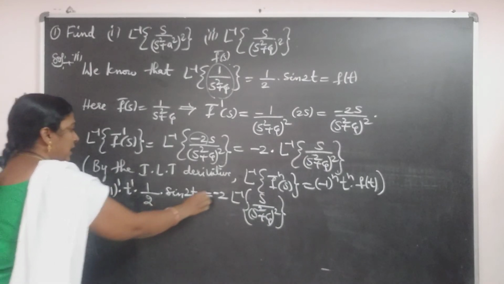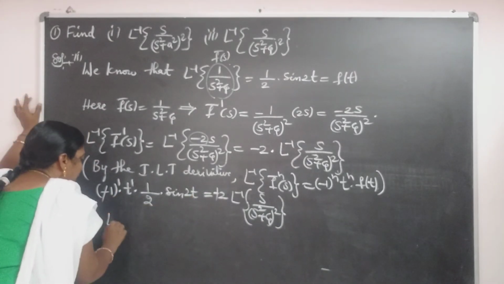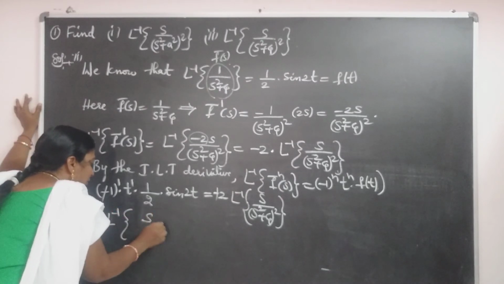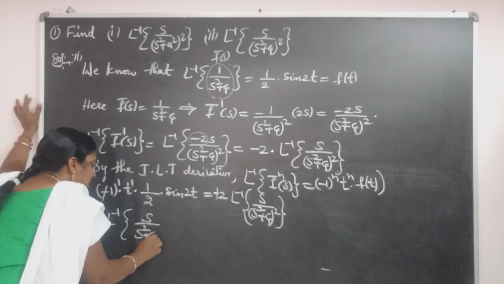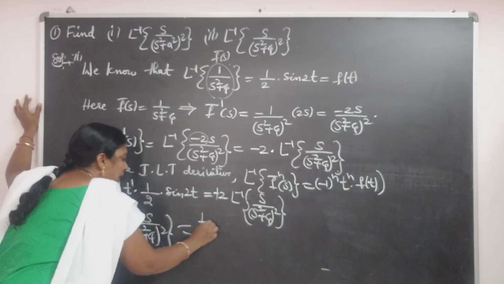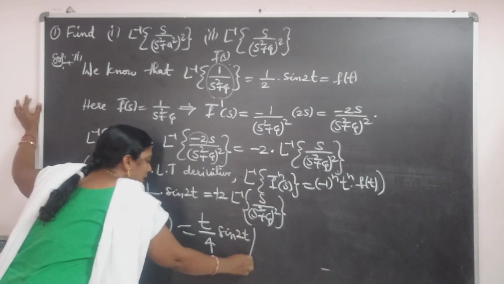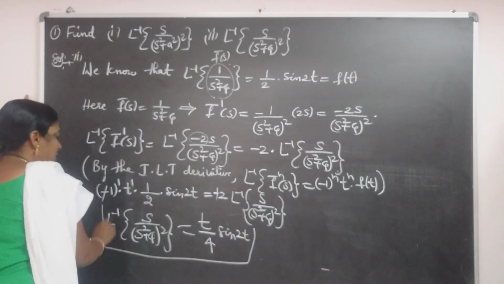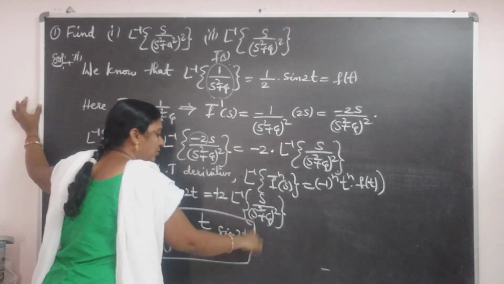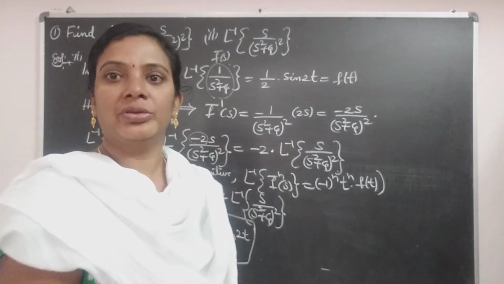Here minus minus get cancelled. This 2 is taken to the right side. Then L inverse of s by (s^2 + 4) whole square is equal to t by 2 to the 4, sin 2t. Just as in the first problem, we substitute a equal to 2 and get the second problem's solution.